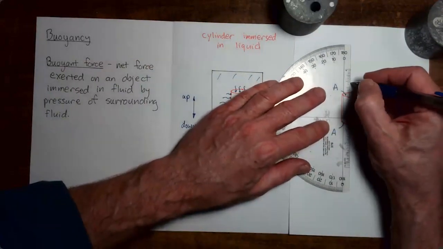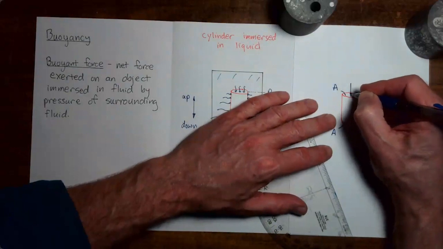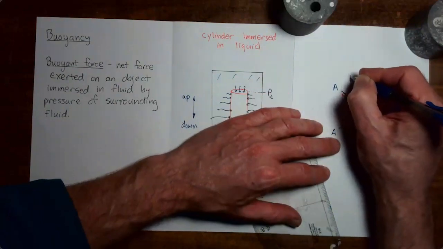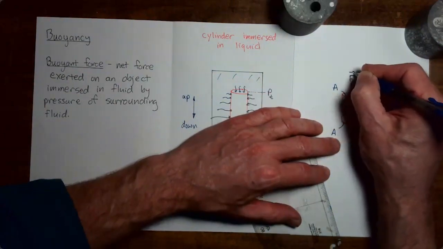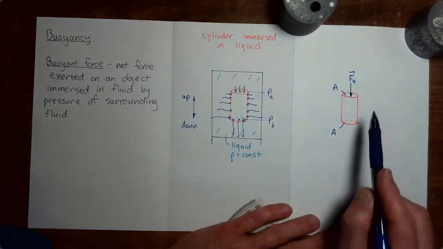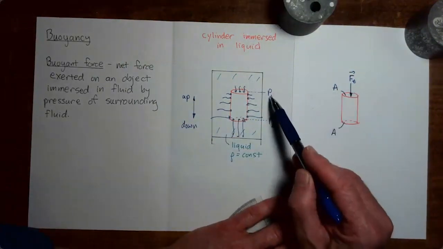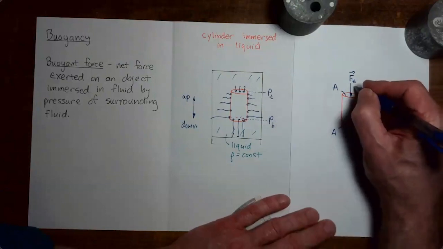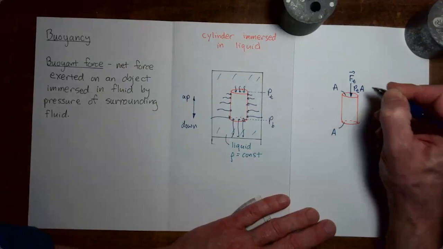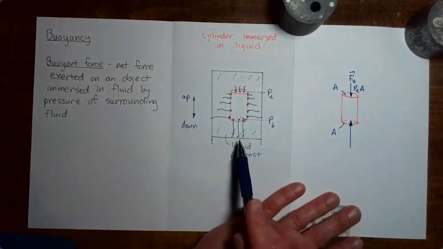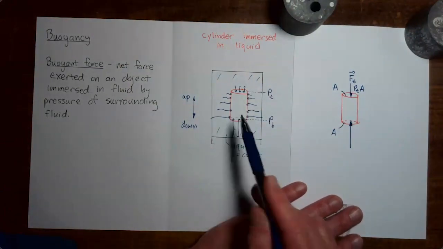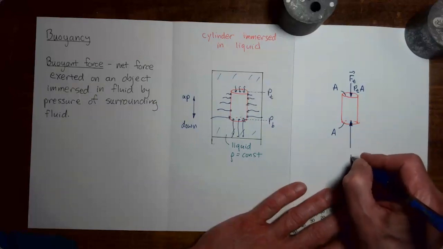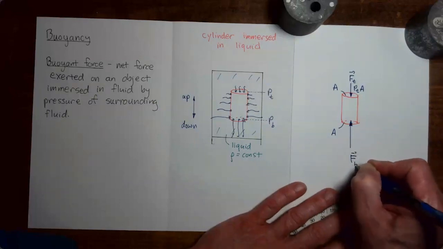At the top surface, let's say that the net force from the pressure on that top surface is F sub T for top. We know that the strength of that force would be pressure times area. So let's put in as the magnitude of that force, pressure top times area. Then the net force from fluid pressure pushing up on that bottom surface, let's call that F sub B for bottom.